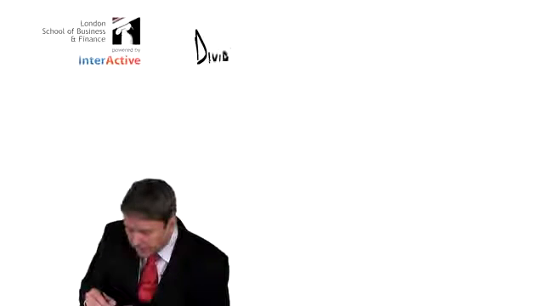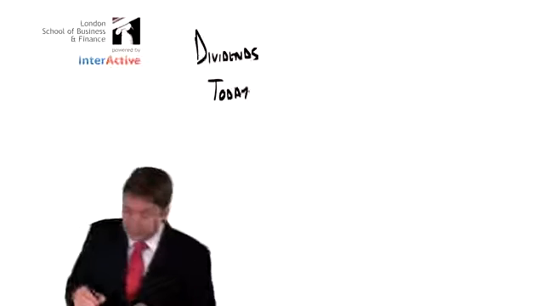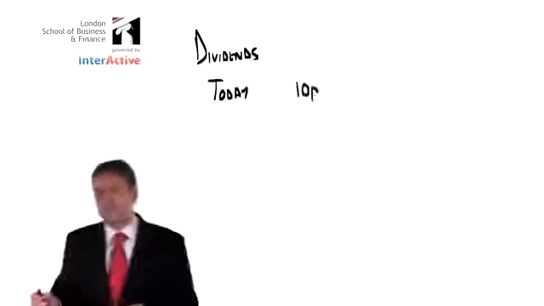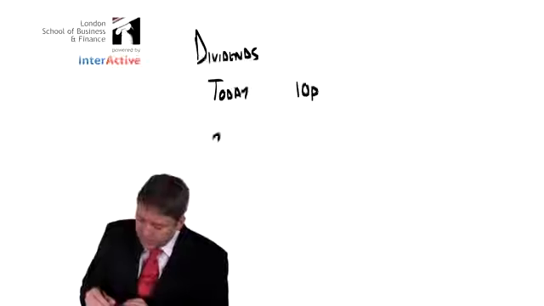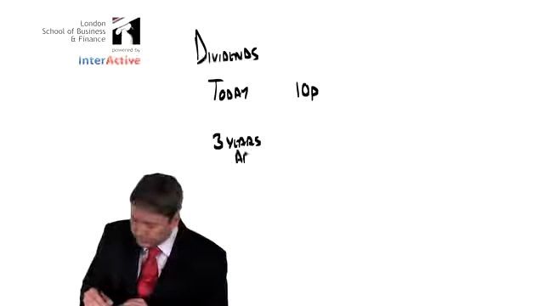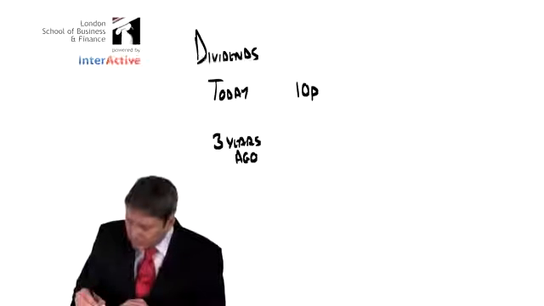If we're looking at our dividends, I was given a dividend today, presumably relating to last year, of 10 pence. I was also given a dividend for 3 years ago of 7 pence.